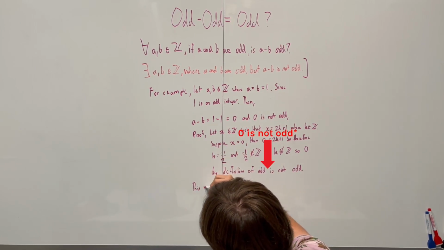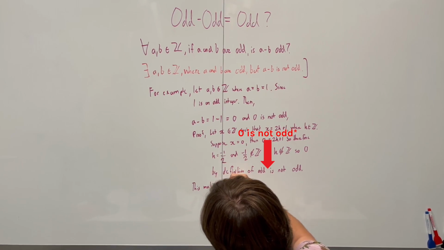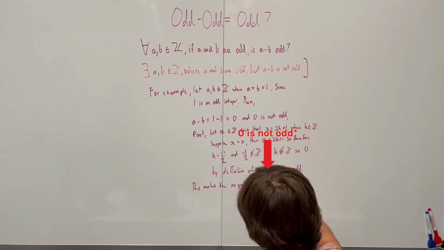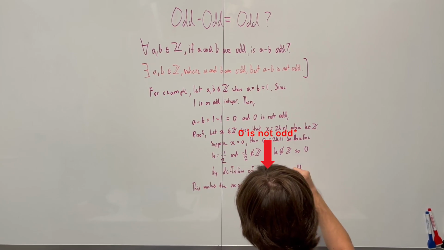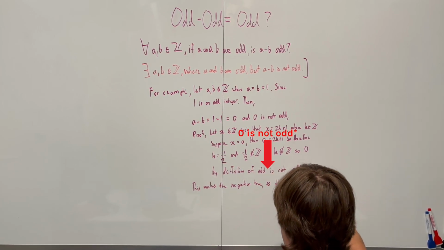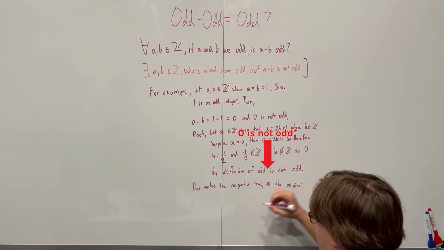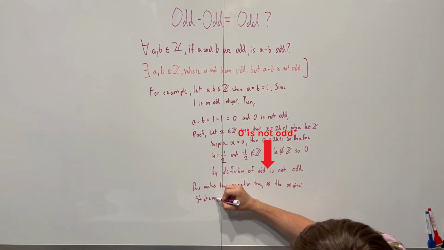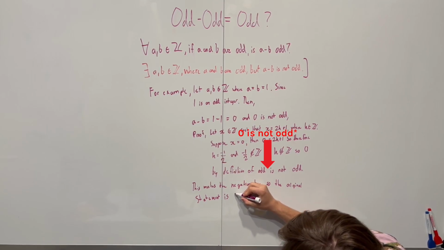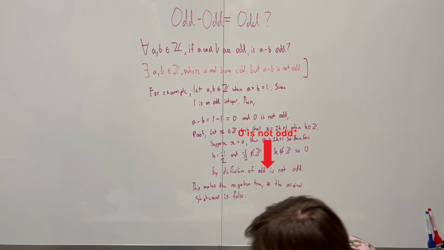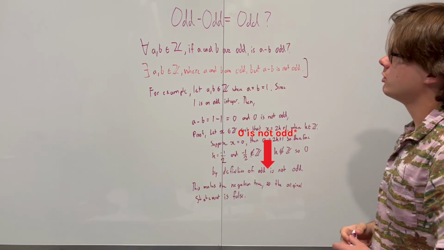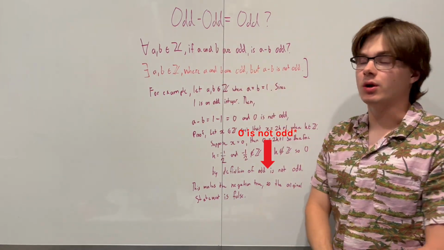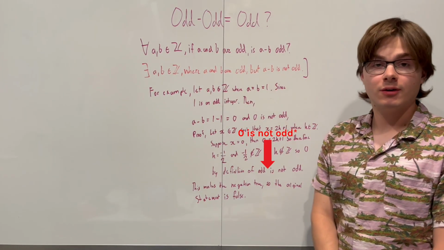This makes the negation true, so the original statement is false. Awesome. So we've proven that the difference between two odd integers, any two odd integers, is not in fact odd.